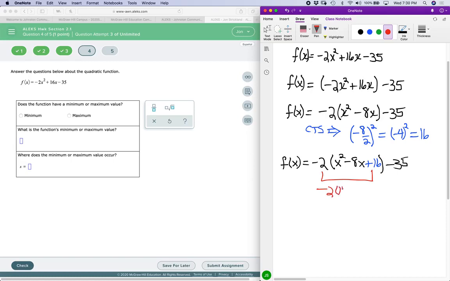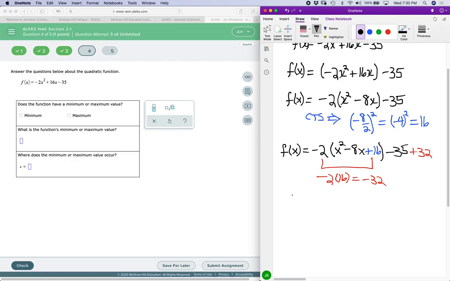And so at the front, negative 2 times 16 is going to be negative 32. And to keep things in balance, I'm going to offset the subtraction of 32 at the front by adding 32 at the end.